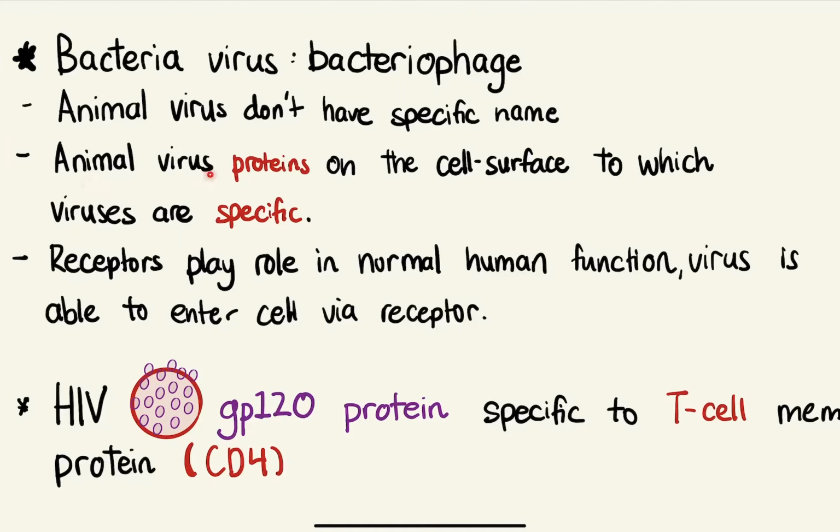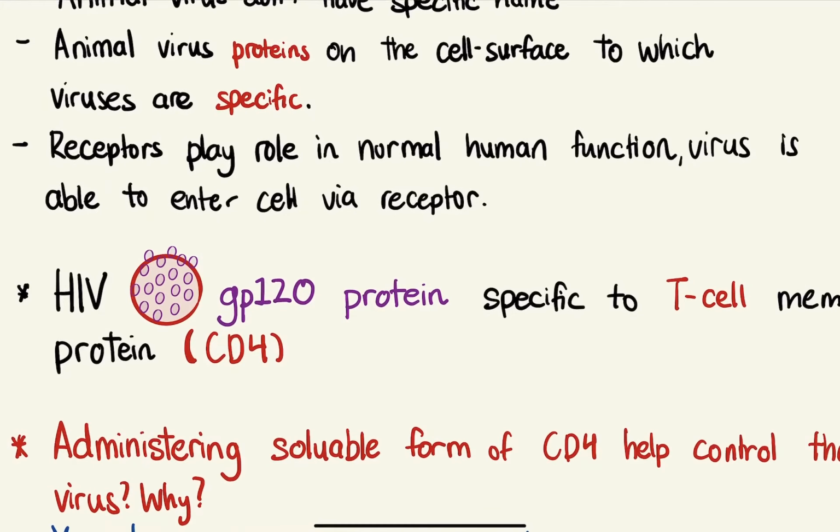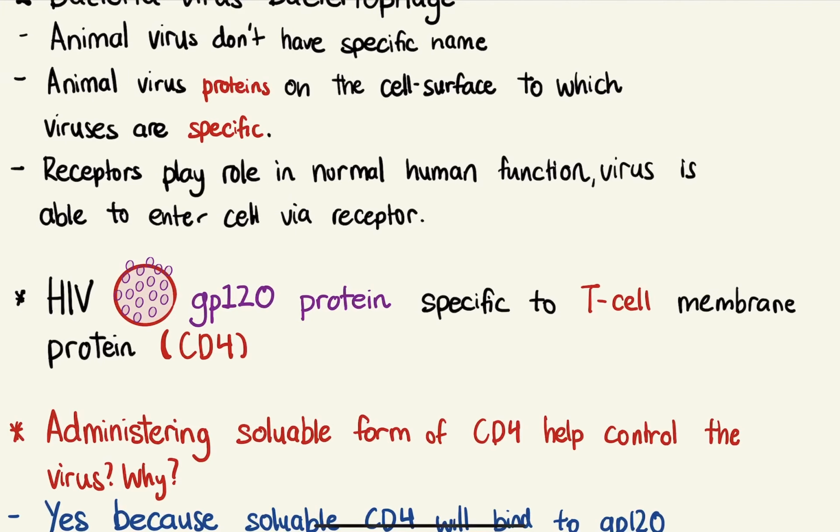So animal viruses, the proteins on the surface are specific to the virus. Let me give you an example real fast of what I mean by that. The HIV over here, we know this very commonly. The HIV has a protein on it, and you can see this purple protein over here called the Gp120 protein.